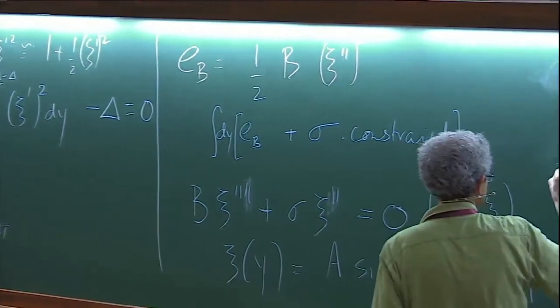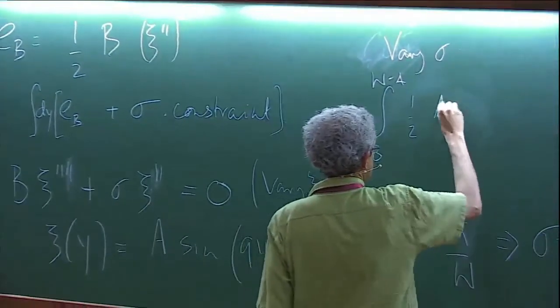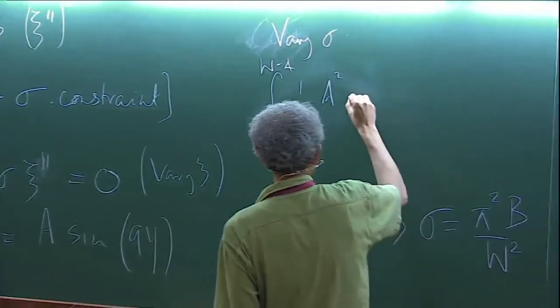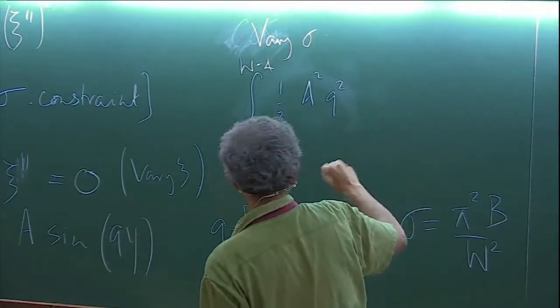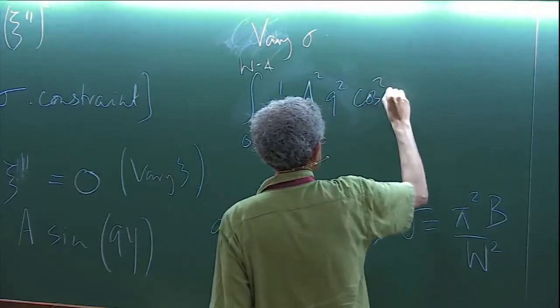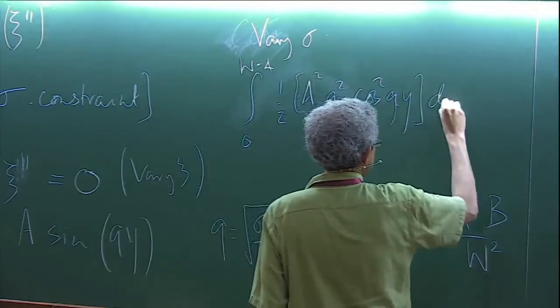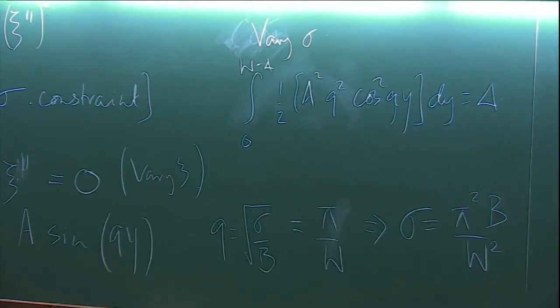Okay, so the integral from 0 to W of minus delta plus half A squared Q squared cos squared QY dy equals delta. Okay.